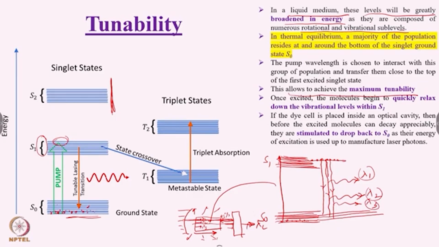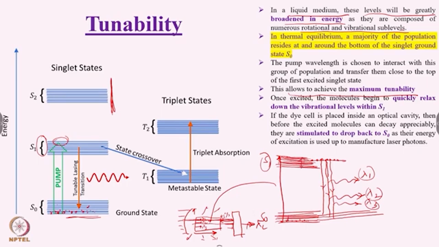That is because if you pump right at the top of this first excited singlet state, there will be many vibrational levels from which spontaneous emission would occur and which will seed the stimulated emission. Therefore, it will offer much higher tunability.